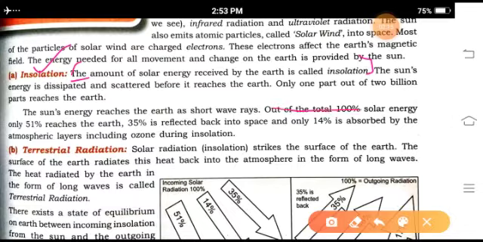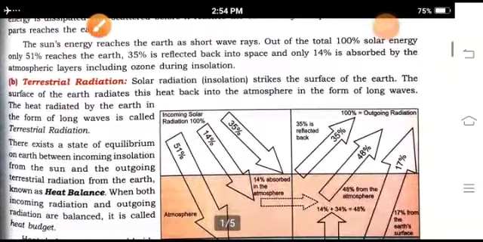Out of a total of 100 units of solar energy, only 51% reaches the earth. 35% is reflected back into space and only 14% is absorbed by the atmospheric layer, including ozone, during insolation.